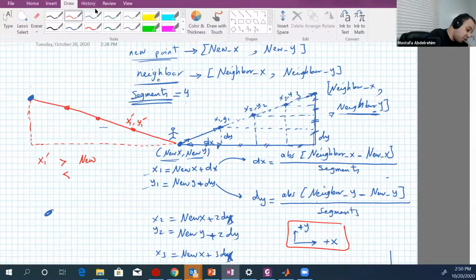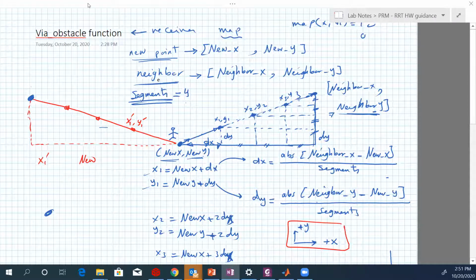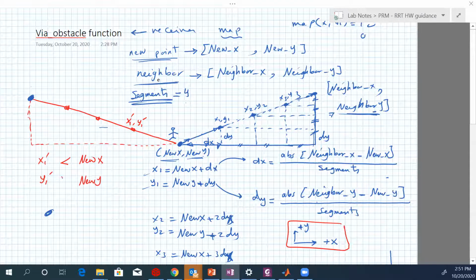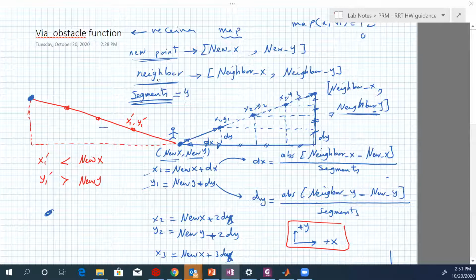Yes, it will be smaller. Yes, that's right. How about y1 dash? That one would be greater. That's right. Yes. Okay, let's see now, check if our equations will do that for us or not.